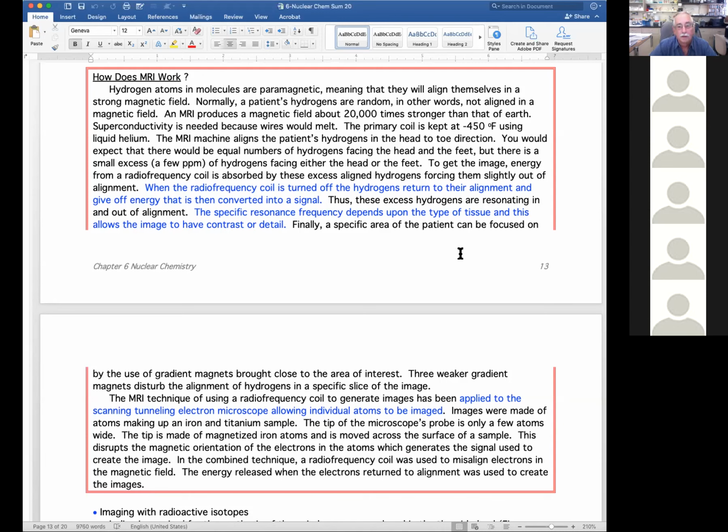So now that I have that done, I can take another source of energy, a radio frequency, and I can vary that frequency. And what I'll find is that at a certain energy, some of those protons will start flipping back and forth from south to north, from north to south. When it does that, it absorbs energy and gives a signal.